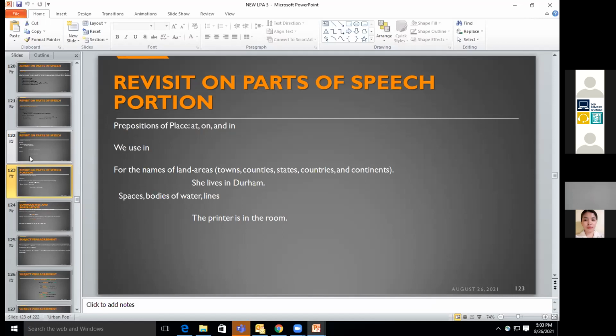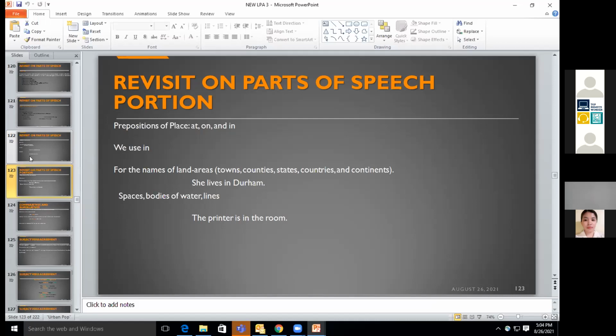But if you have a specific place in the room, let's say the top of the table, you can say the printer is on top of the table inside the room to your left. Okay, there. Or on your left. You can use that. See?